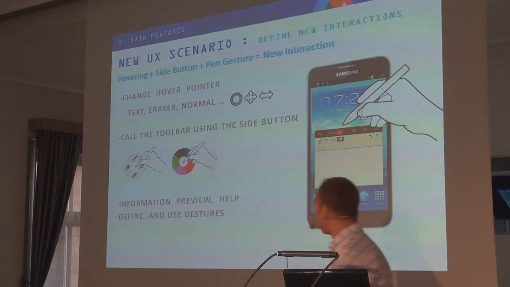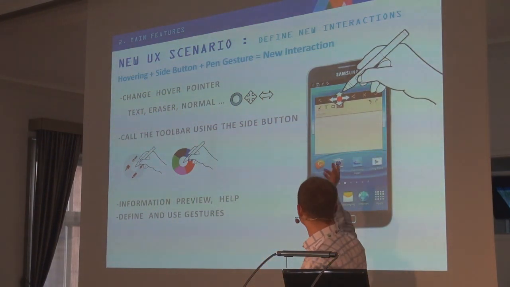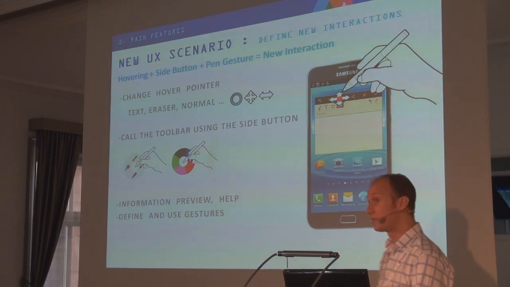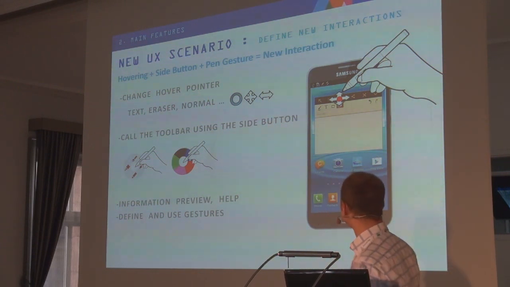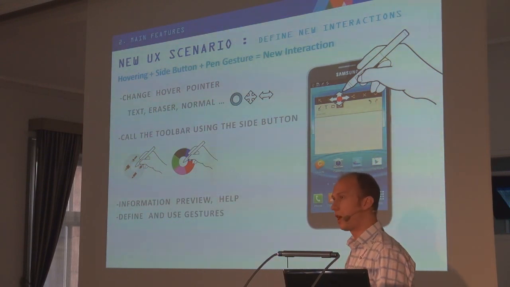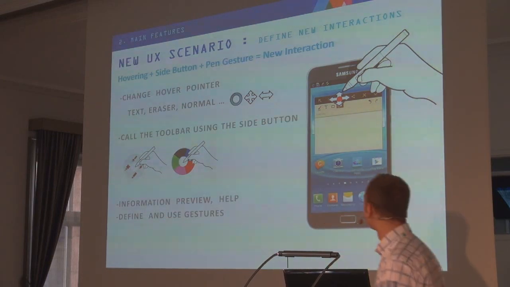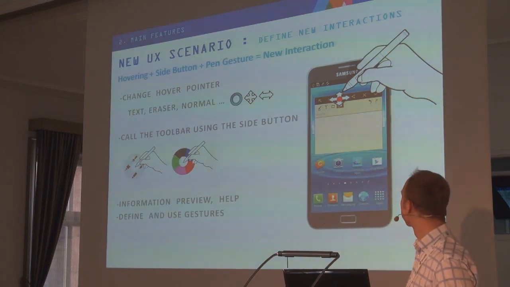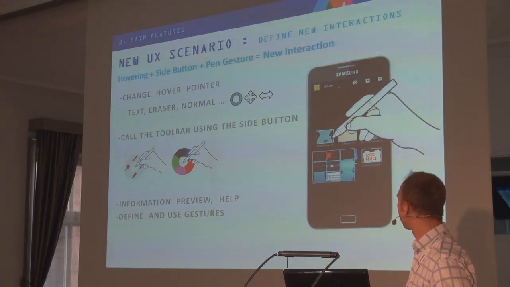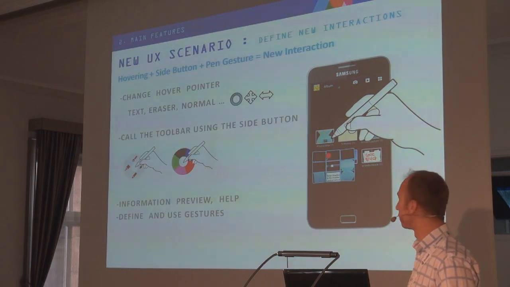Second thing, just to be fast: for this pen, when it's in hovering mode, so when it's not touching the screen, you can show the user a special icon. So you can dynamically change the icon according to the action that you would like to show to the user. So as you can see, you can provide specific information.